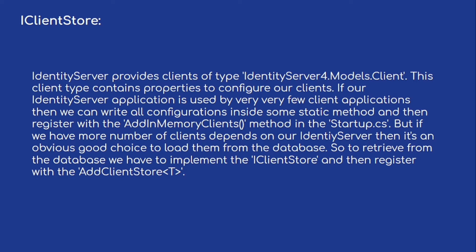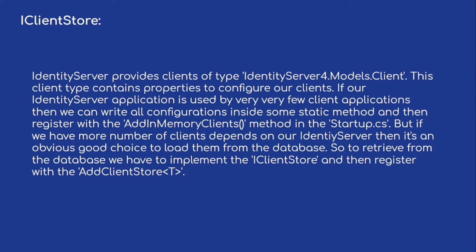If our IdentityServer application is used by very few client applications, then we can write all the configuration inside some static method and then register it in the AddInMemoryClients method in the startup. So this we have already discussed.